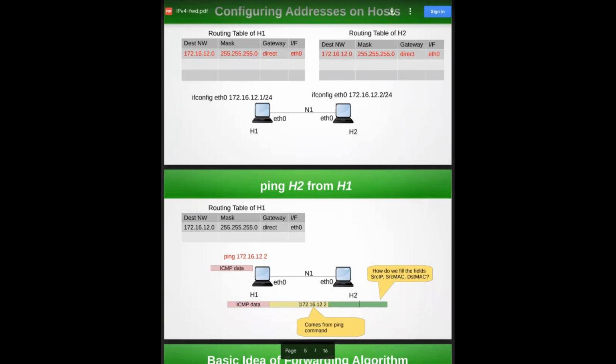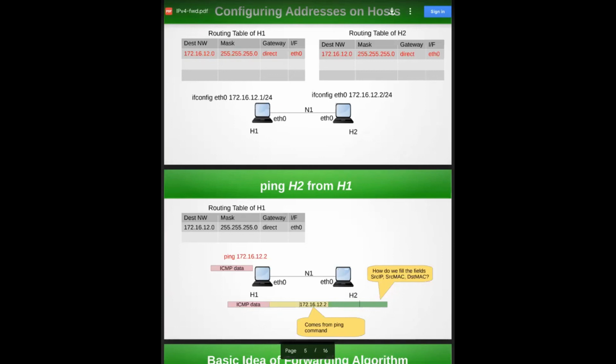How do I get the source IP address, source MAC address, and the destination MAC address into the various fields so that I can actually forward this data from H1 to H2? They're both in the same local area network. Essentially, it means that you have two people who are in the university, they want to meet, they can simply meet. They don't need to ask anyone how to get to each other.